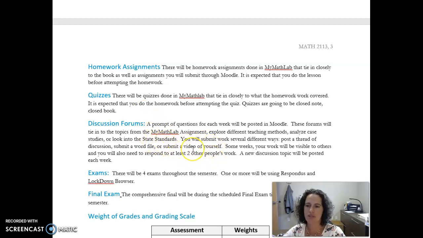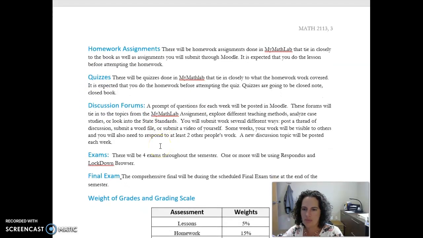So discussion forum may not always be a discussion with your classmates, but it's got lots of different ideas in it, and it's not always just math. Sometimes it's more on the education side of things. When they are discussions, you will need to respond to at least 2 other people's work. It is a discussion. I want to see discussions happening, but I will describe all that to you for each assignment.